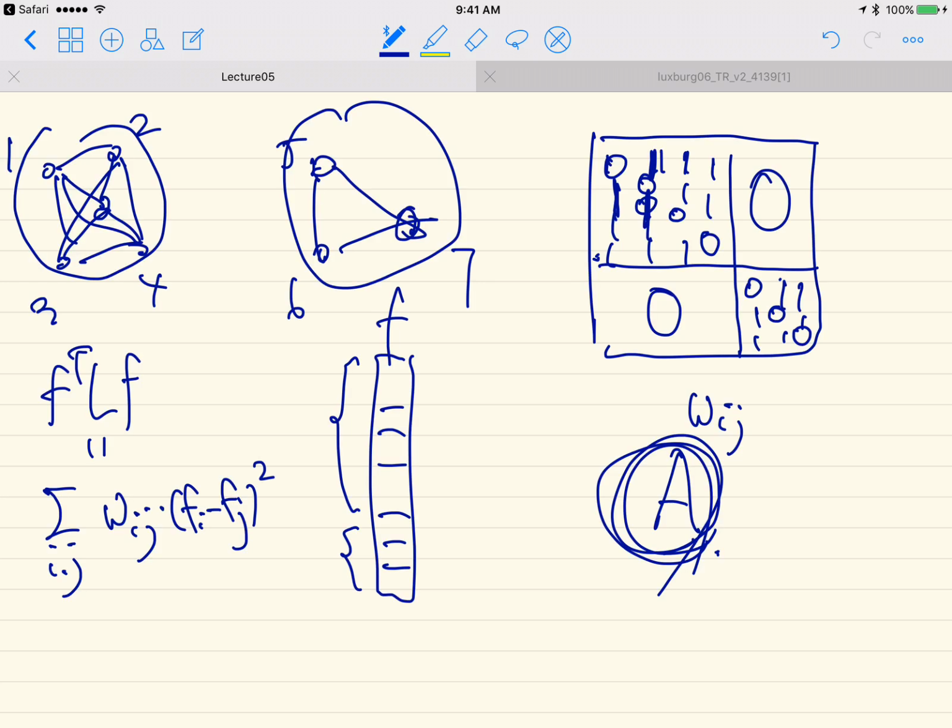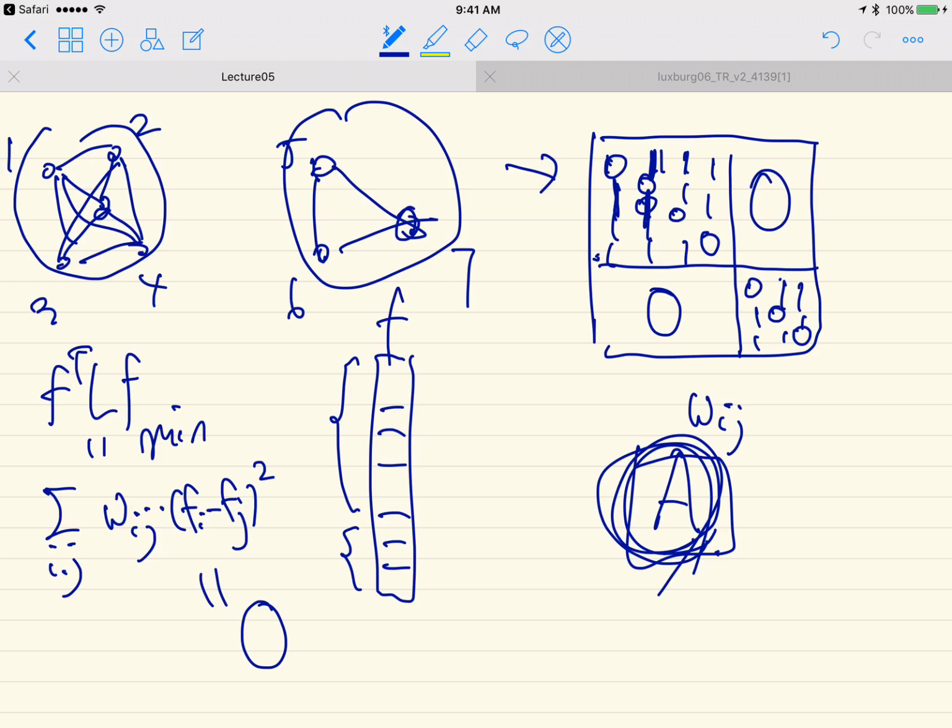And f transpose L f is the sum over i, j of W_ij times (f_i minus f_j) squared, right? And then I want to minimize this. In this particular case of nicely clustered, or this nice block diagonal structure of matrix A, I can make it perfectly 0.